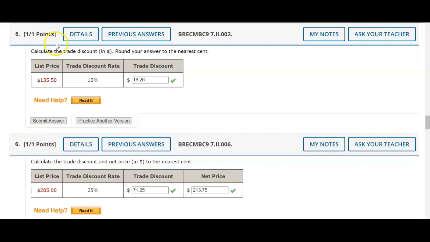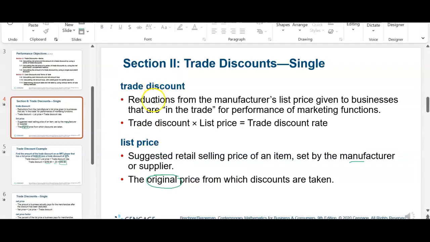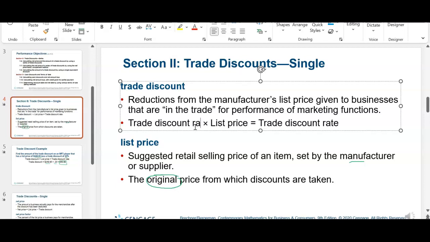Question 5 is asking to calculate the trade discount in dollars and to round your answer to the nearest cent. So if we look at the PowerPoint, the way that you find the trade discount is, and this really should say the trade discount rate times the list price will give you the trade discount.